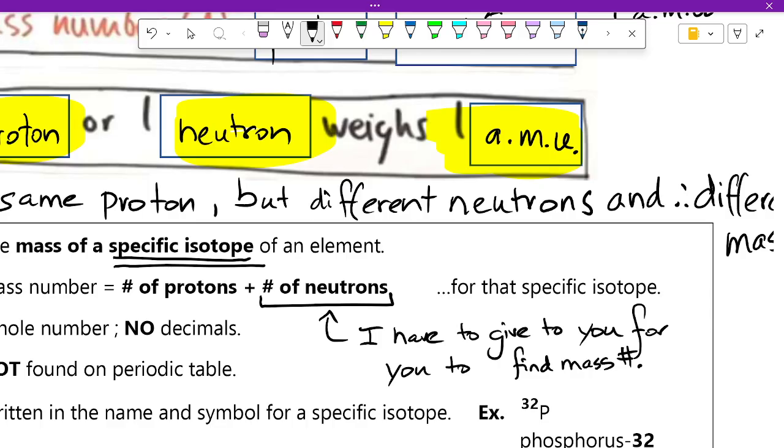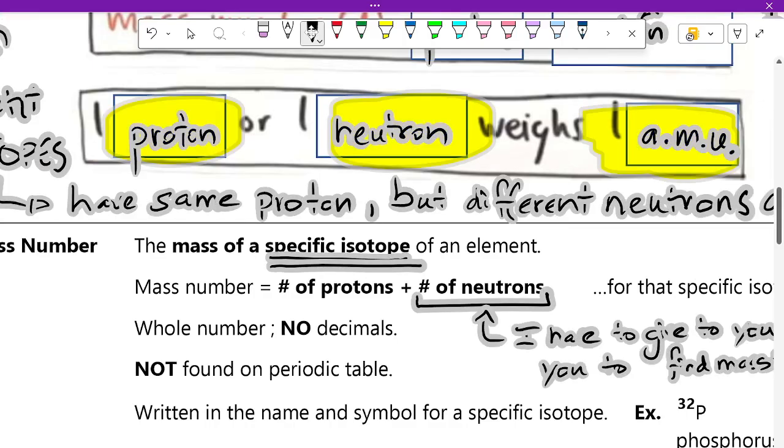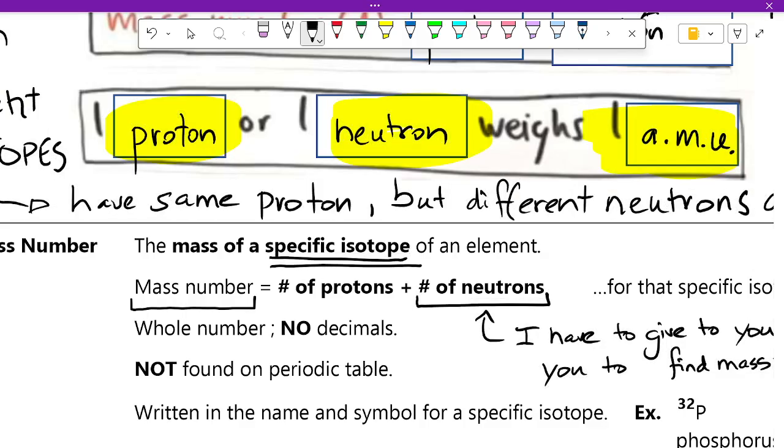There is no information on the periodic table that gives you the mass number. So I would have to give you the mass number if I asked you to find the number of neutrons.